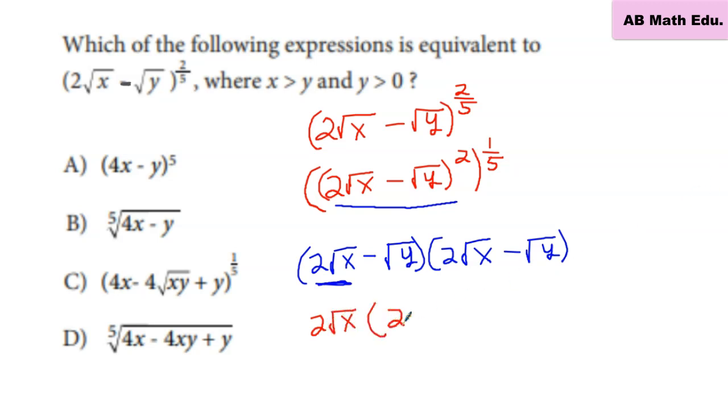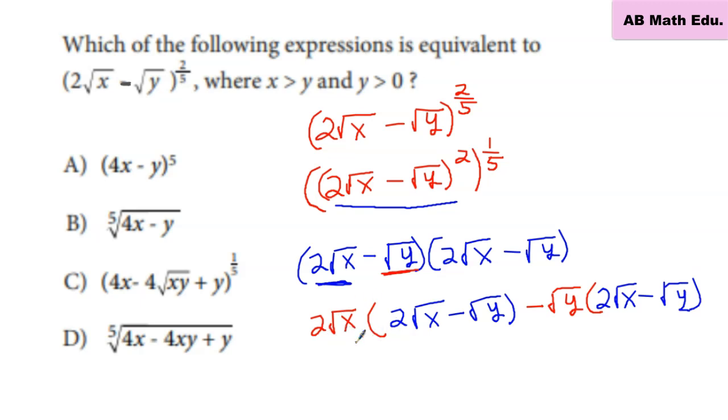Then you take this piece here, which is negative root y, and you multiply it against the same 2 root x minus root y. And when you do that, now you're about to set the 4. This times this will give you 4, and this times this will be root of x squared. Then this times that will be negative 2 root x times root y. And we are done with the first one.